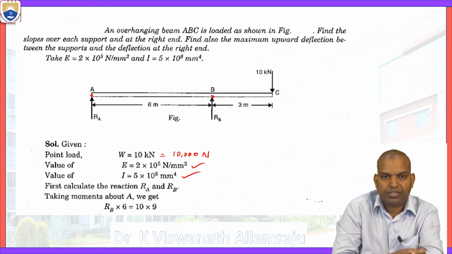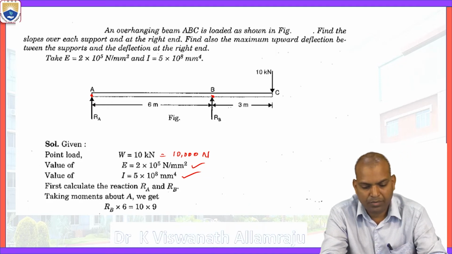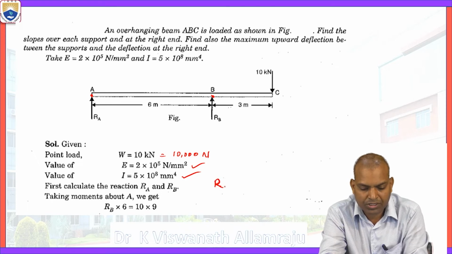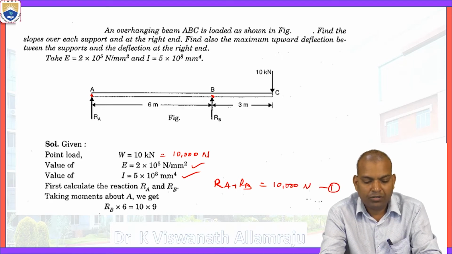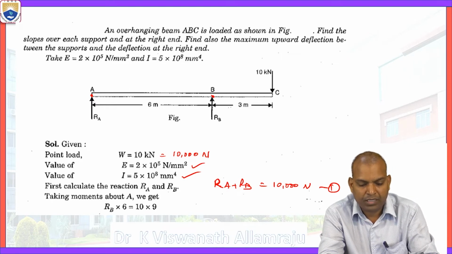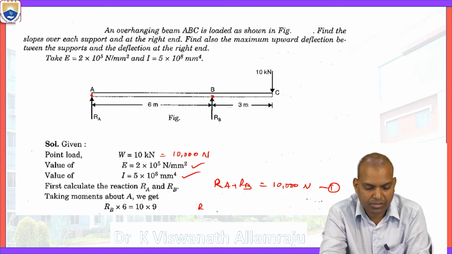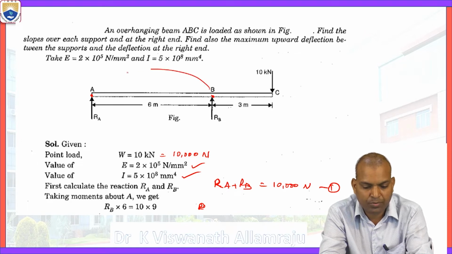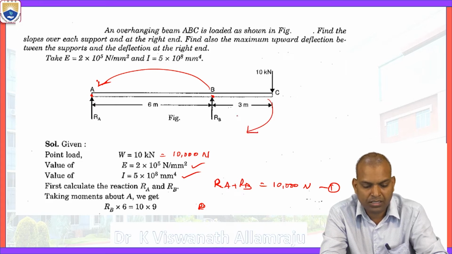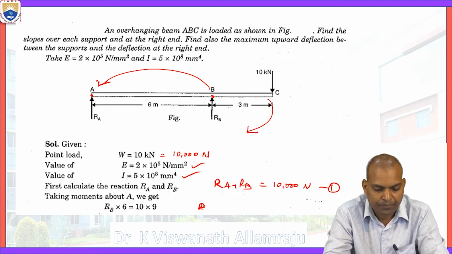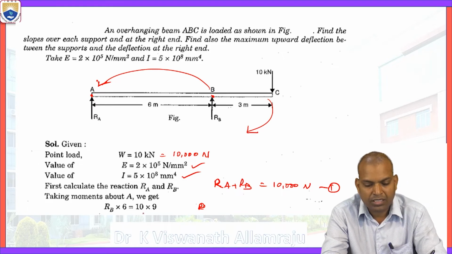To calculate the reactions, the sum of the upward reactions RA plus RB equals 10,000 newtons, which is equation 1. Taking moments about A, RB into 6 in the counterclockwise sense equals the clockwise moment, 10 into 9.